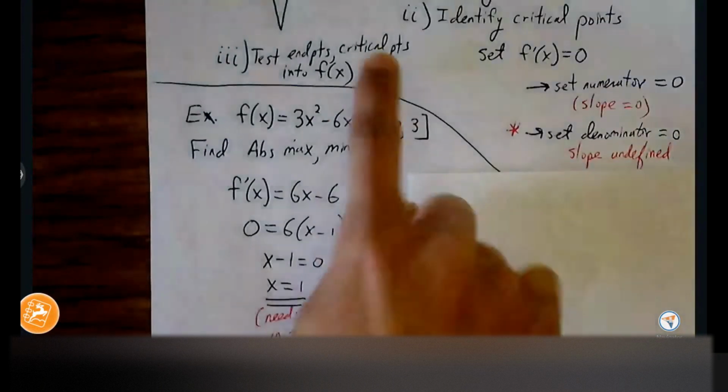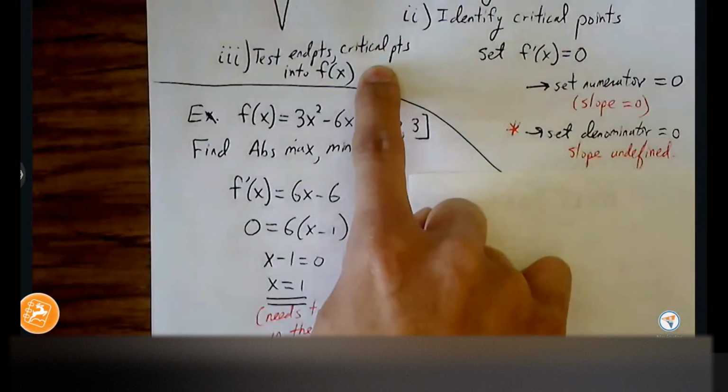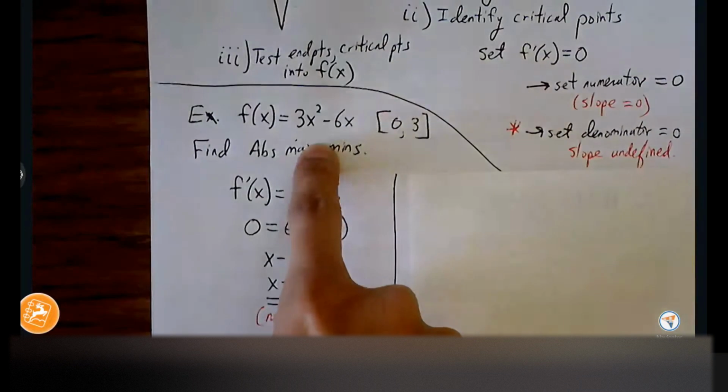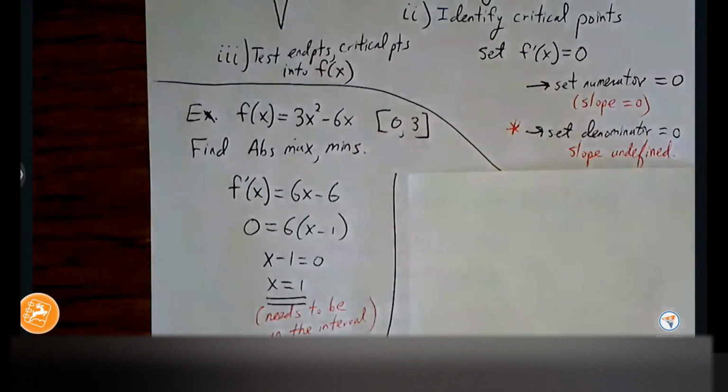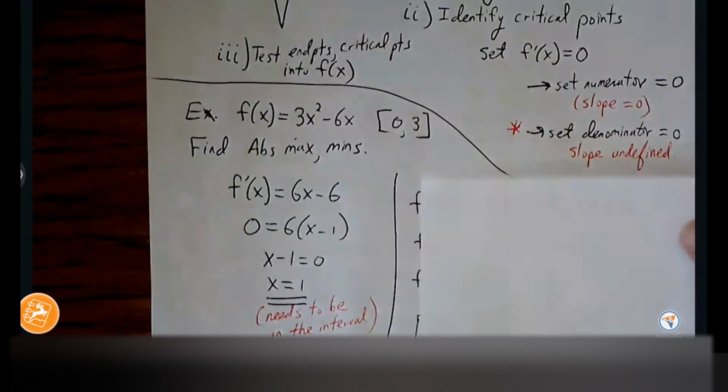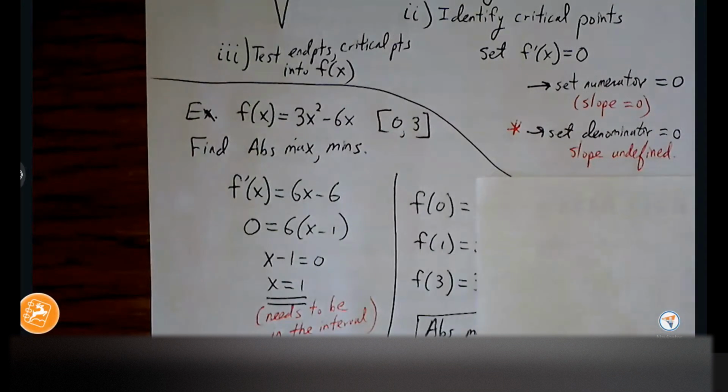And now we're ready for the third step. We're going to plug each of those x values into the original function, and from the results we're going to determine which is the absolute max and which is the absolute min. So we'll find f of 0, f of 1, and f of 3.